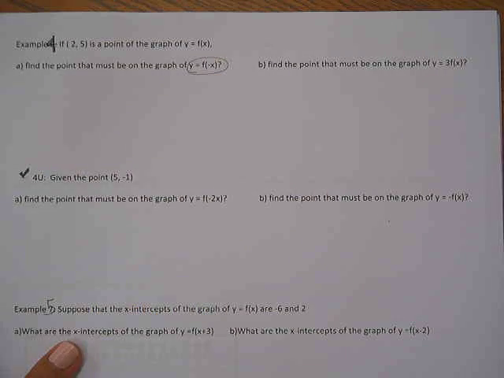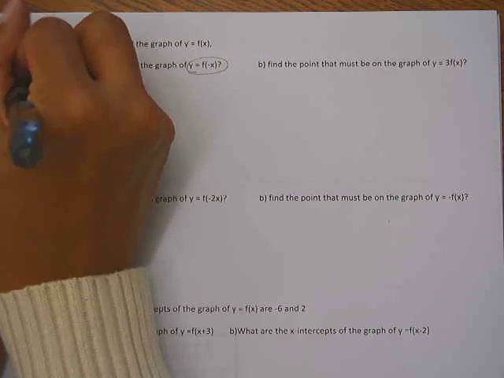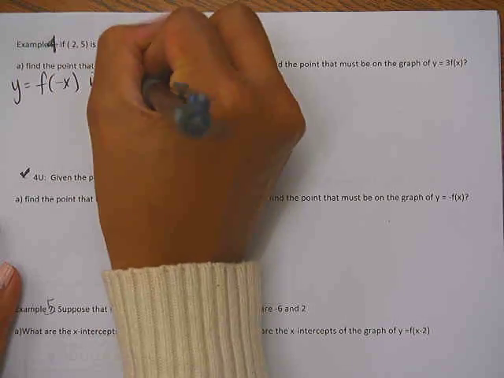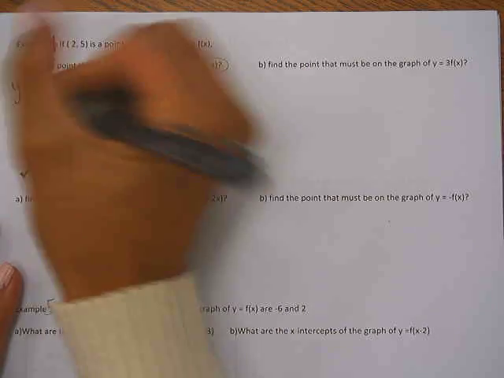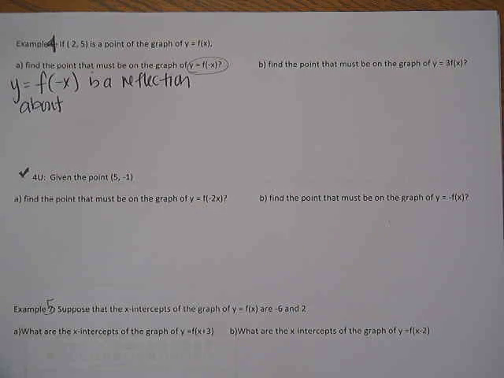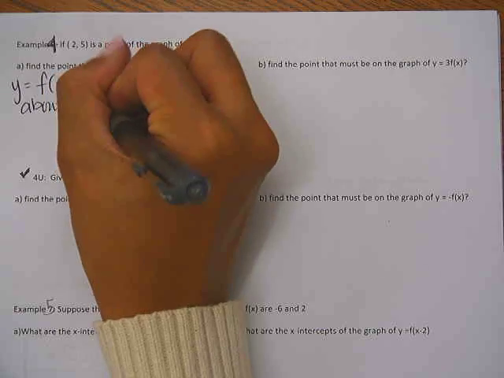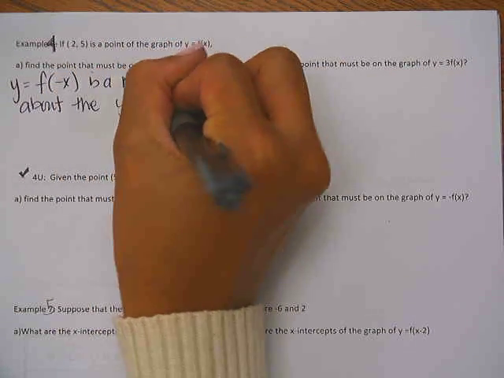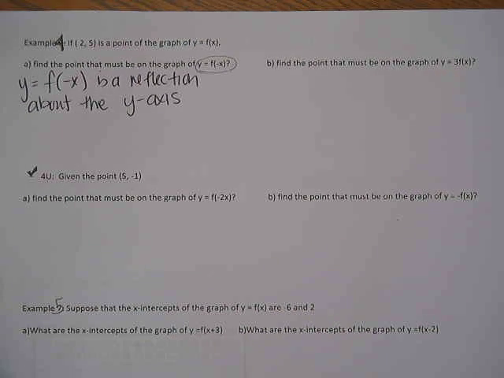If I said state the transformation, y equals f of negative x is a reflection about what? I hope you said the y-axis. It is a reflection about the y-axis.